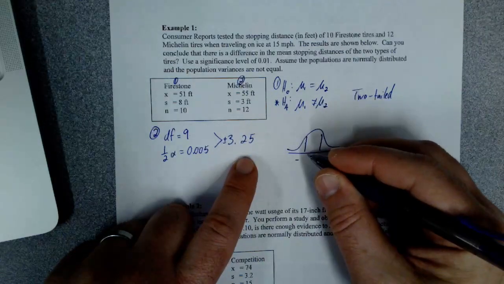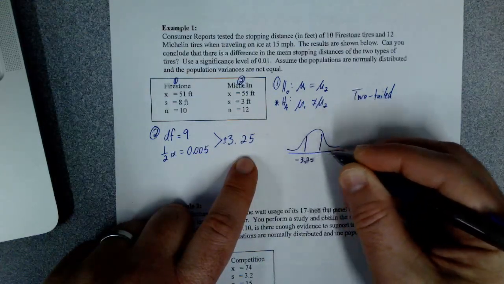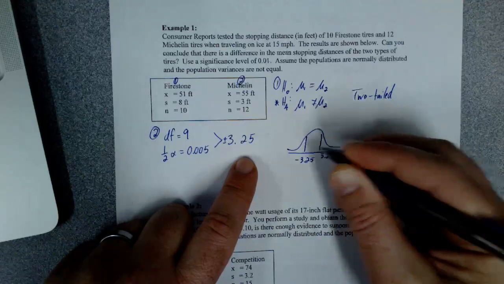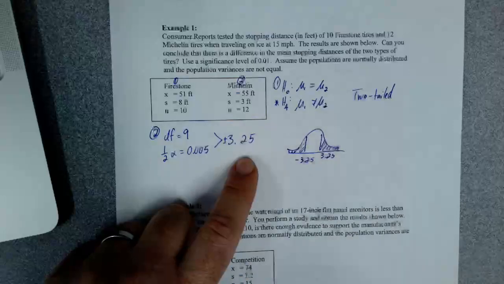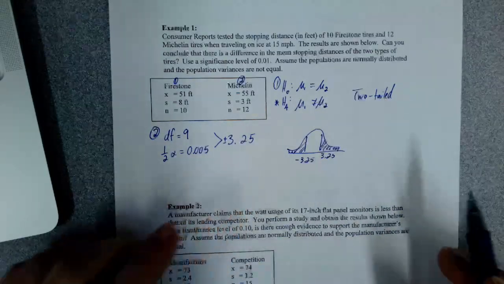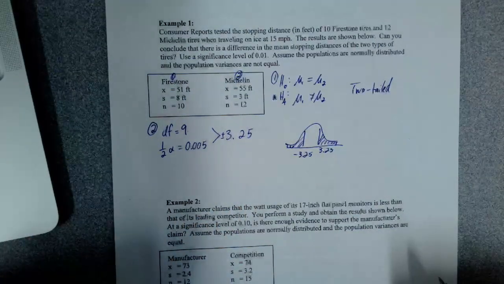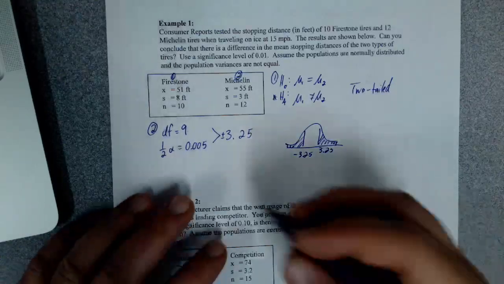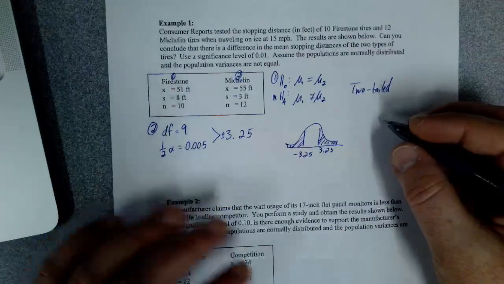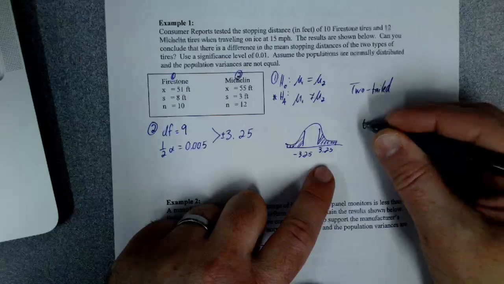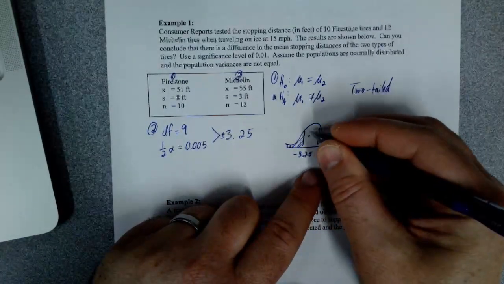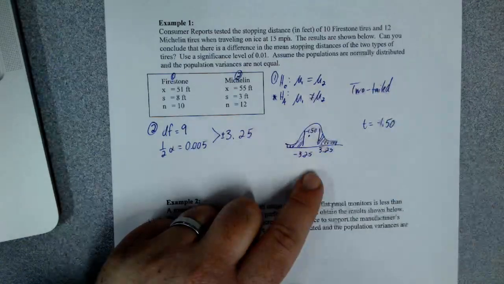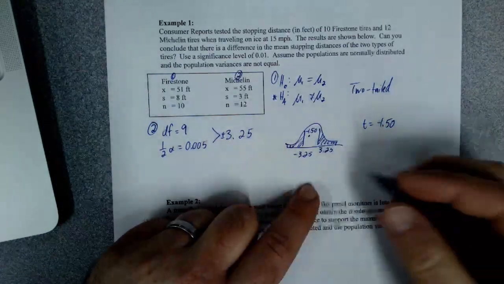So I get negative 3.25 and positive 3.25, shading on the outsides. And then in your calculator, doing your two-sample t-test, you will find out that your test statistic is negative 1.50, which is right about there, which is outside of our shaded region.